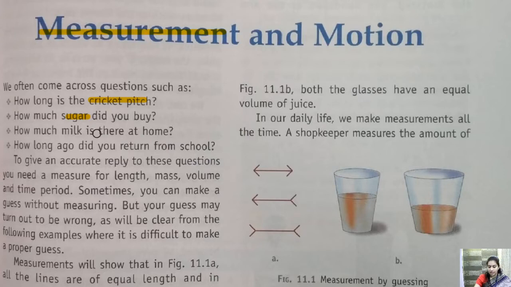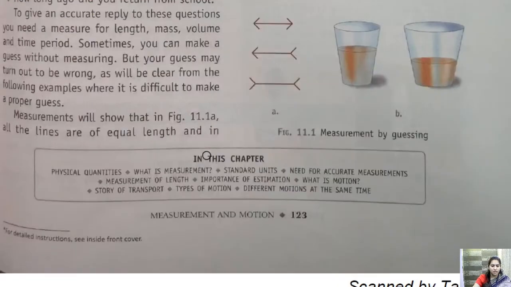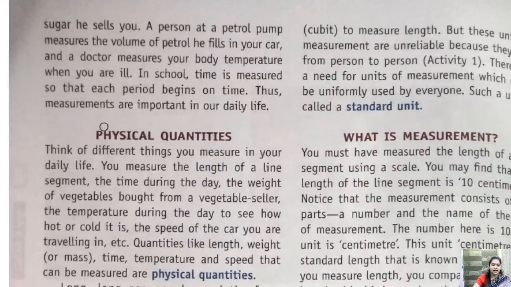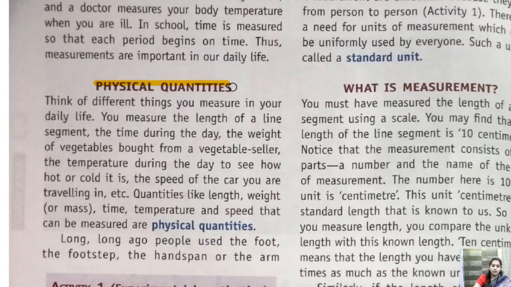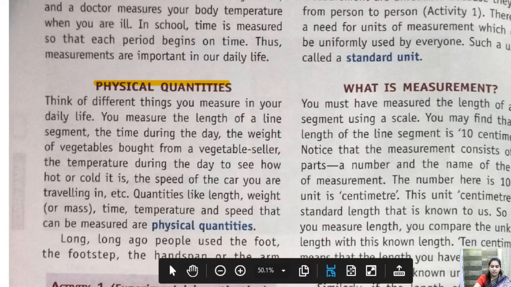We'll study about it in detail. Everything that can be measured is a physical quantity. Turn the page, children, and come to the first topic, that is physical quantities. This is very, very important, children. Let's start with it.